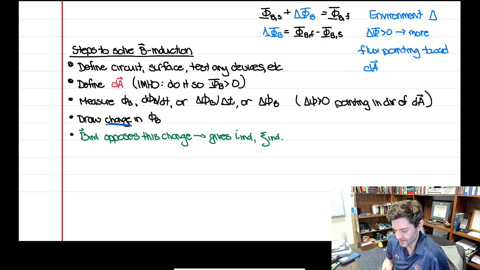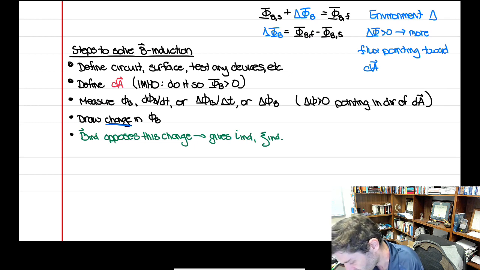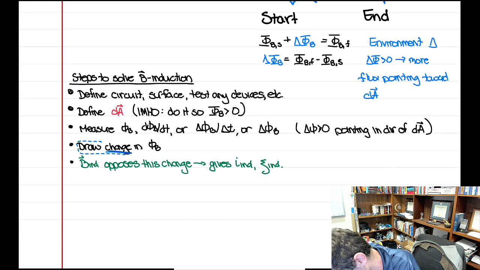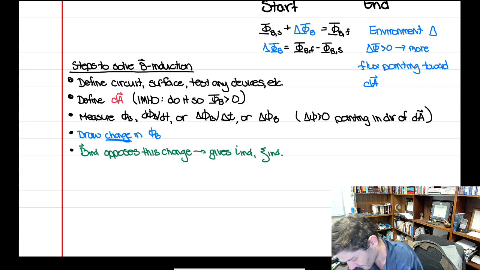Those are, I think, a sense of the steps, which I feel like we can elaborate now and build upon with some conceptual examples. Because when I say that the induced B opposes this change, well, let's go back to the previous step. I would say draw the change in the flux. I'll move that up to a light blue. Because that change in flux, of course, is just delta phi.